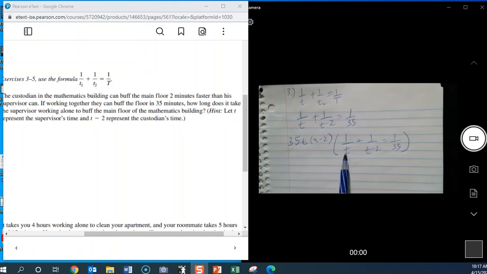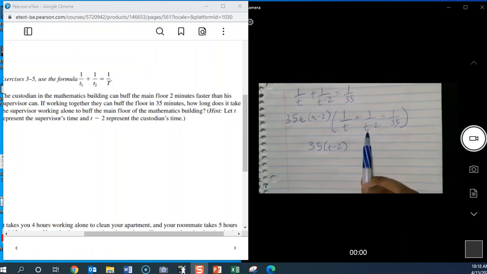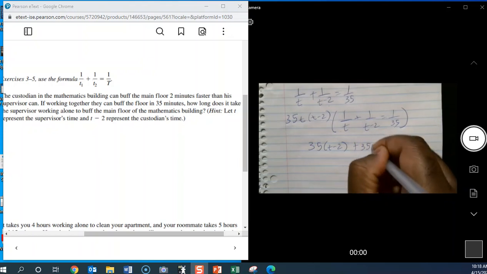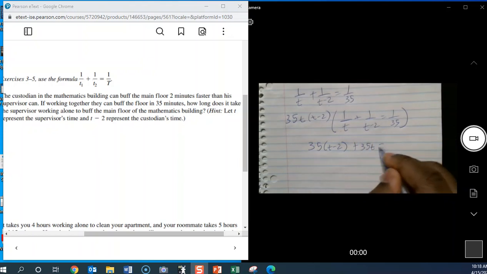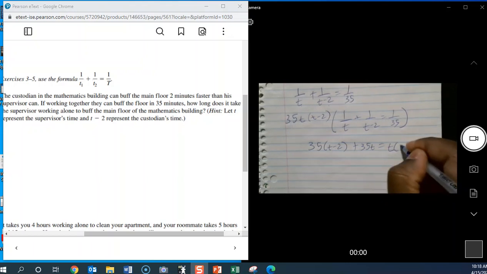Now these t's will simplify out. You have 35 times t minus 2. Then for the second value, the t minus 2's will simplify out, and you have 35t. Then finally at the end here, the 35 will simplify out, and you have t times t minus 2.